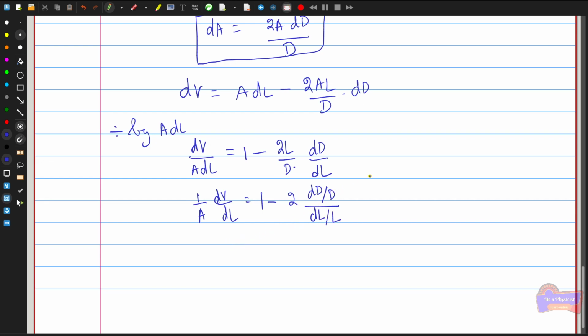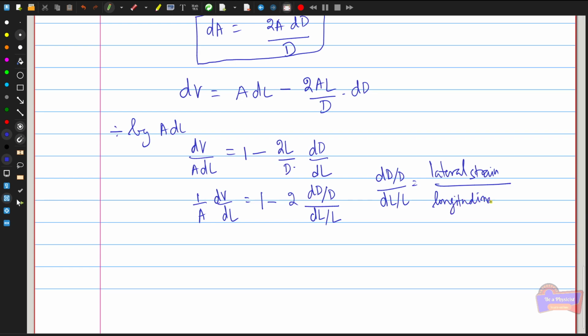So here you can see dd divided by d and dl divided by L is nothing but the lateral strain divided by the longitudinal strain, which is nothing but the Poisson ratio V. I can substitute V instead of this term.